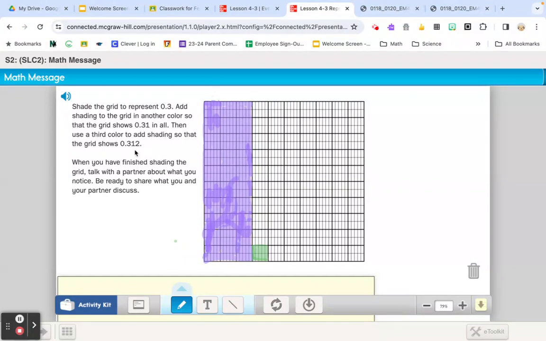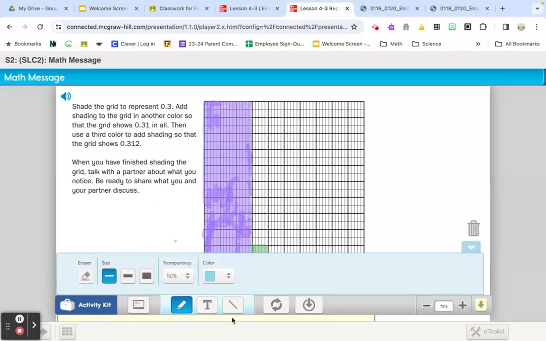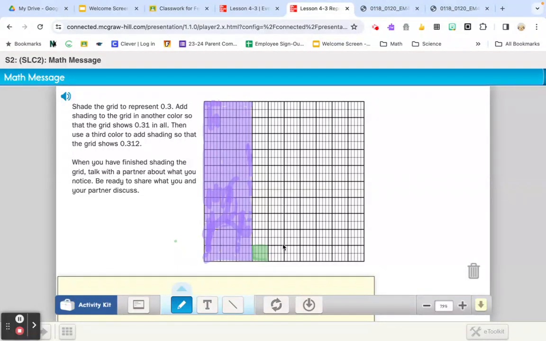Now I need to add my 2/1000ths, and this is where you have to be very, very careful that you are staying in the lines so you are not marking more than you want. So you should have 2 little thousandths. So as you can see on my grid, I have 3/10ths, 1/100th, and 2/1000ths.